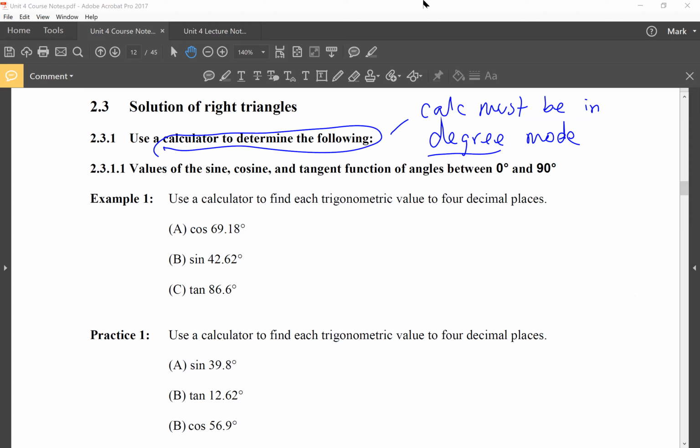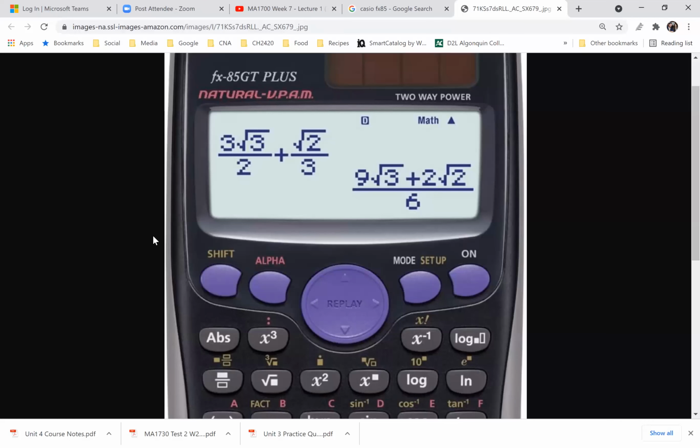Give me one second here. Hold on, just make sure I've got a good picture. Yeah, this is the one I liked from the other day. Okay, so to make sure it's in degree mode, first, if your calculator has a D right here, it is already in degree mode.